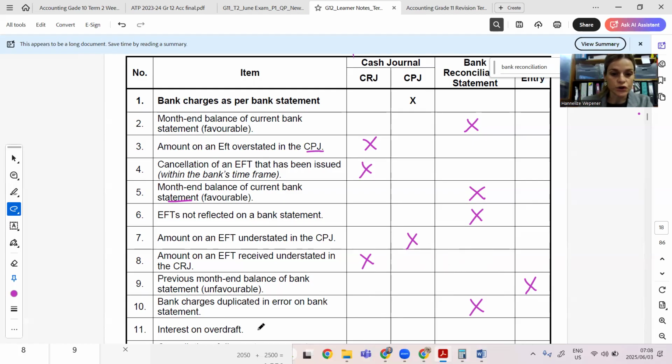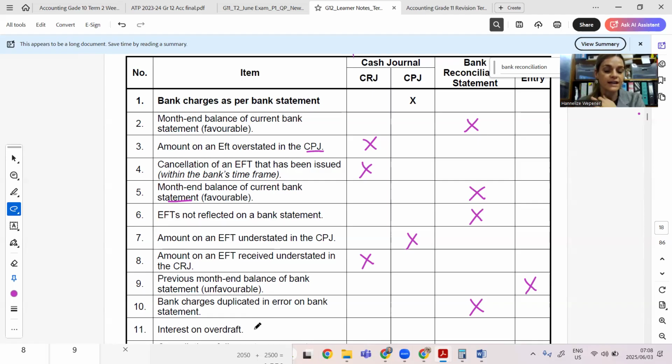Then interest on overdraft. Remember that interest and bank charges, whether it be interest that you received or interest that you paid, will reflect on your bank statement. It's only once you see it on your bank statement that you will have evidence of this transaction. So that's your source document.